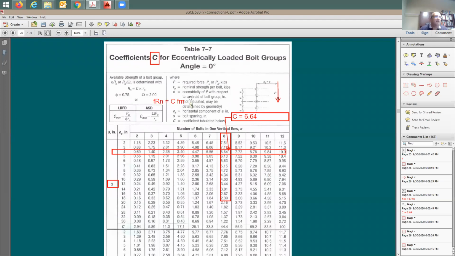For example, if the strength of one bolt is equal to 10 kips, I'm just throwing out a number here. I found out that the capacity of one of these bolts is equal to 10 kips in shear. Let's say phi r_n for one bolt is equal to 10 kips.